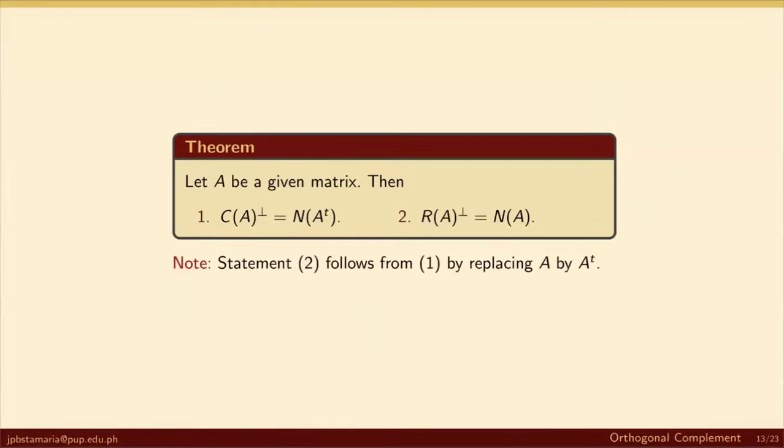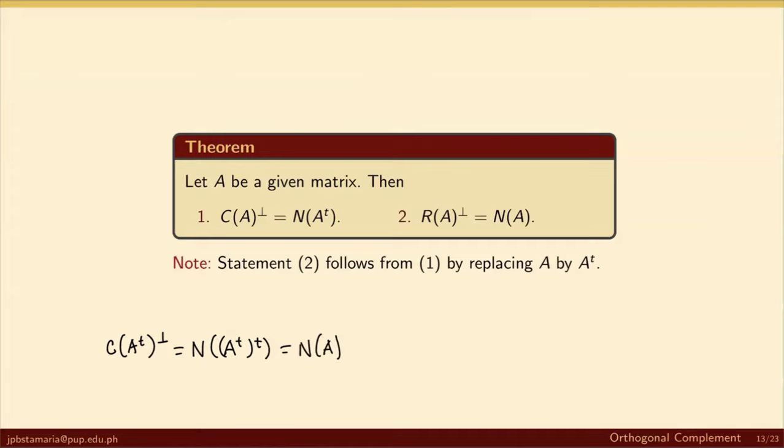Well, in number 1, you can just replace A by A transpose. Because if you replace A by A transpose, equation 1 now reads the following: A transpose transpose. But what is A transpose transpose?